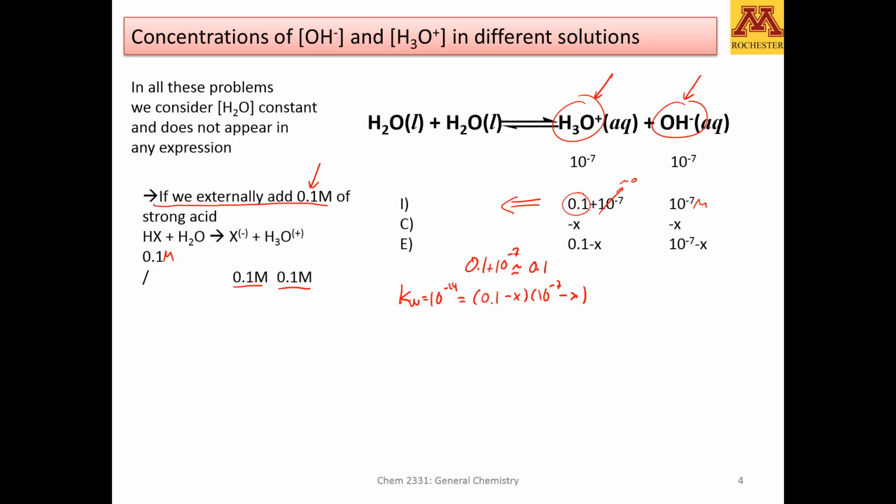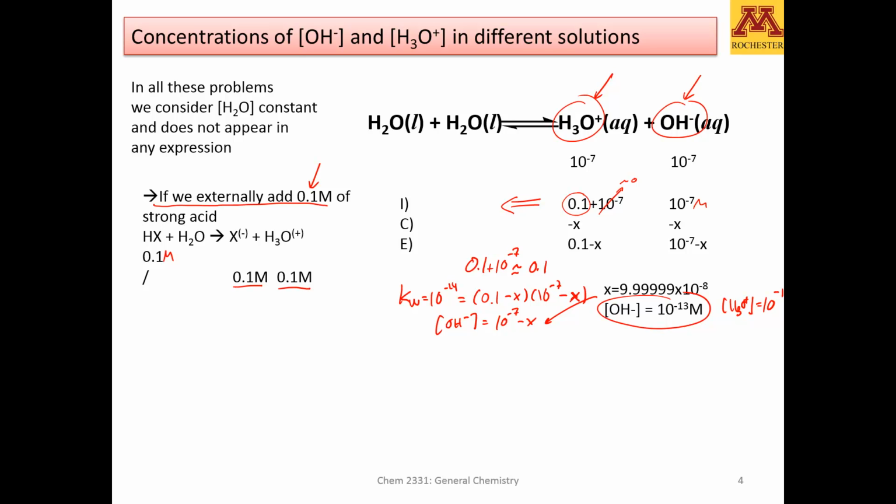If you solve for x, you're going to find that x is this weird number. So if OH negative is 10 to the negative 7 minus x, you subtract and obtain this value. In other words, the hydronium is 10 to the negative 1, and OH negative is 10 to the negative 13. Notice that these exponents add up to negative 14, which is the actual equilibrium constant.